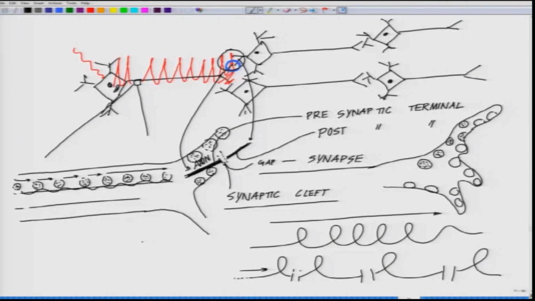So, these are the electron dense zones which could be seen very close to the synaptic cleft. Now, out here there is another organelle which is very prominently observed, that is the mitochondria. There are a huge number of mitochondria which are present there.